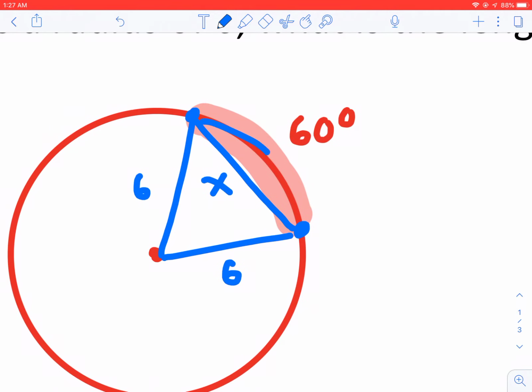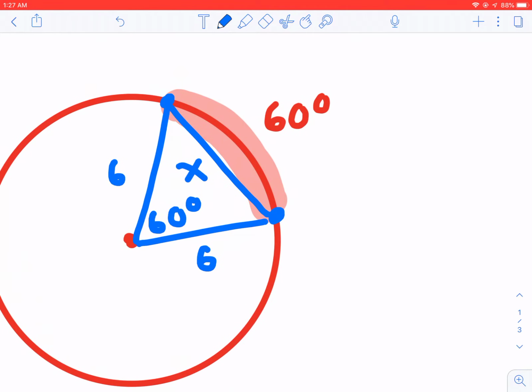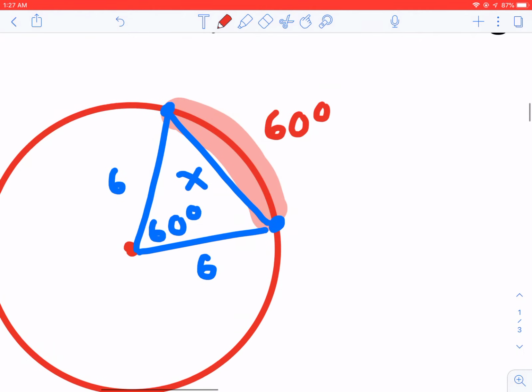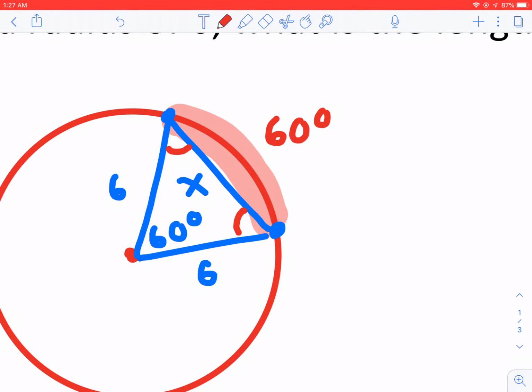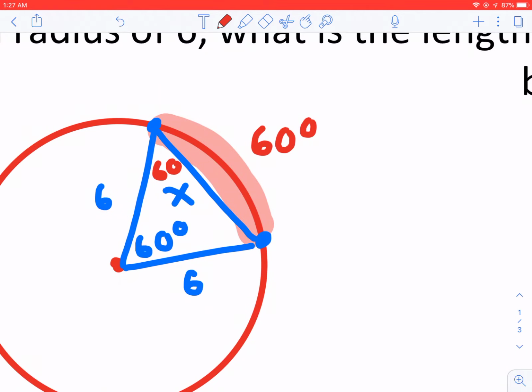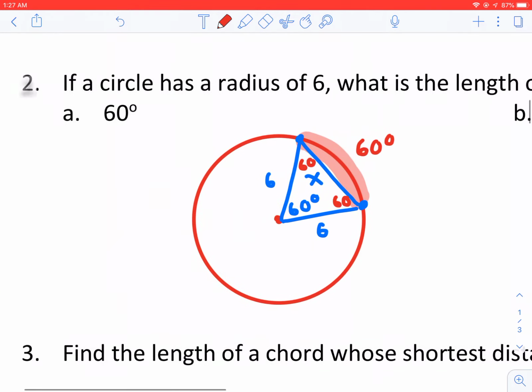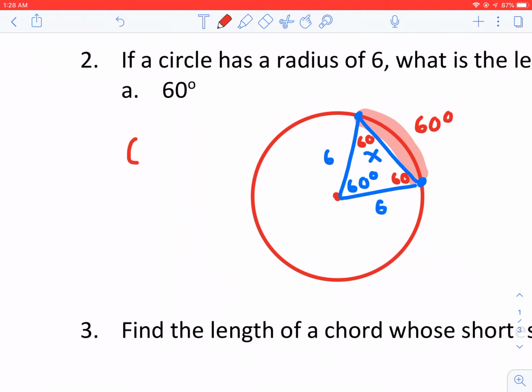And if this arc is 60 degrees, then that means my central angle that intercepts that arc is also 60 degrees. I can see this is an isosceles triangle, right, because I have two congruent legs, which means these base angles also must be congruent, and hopefully you can see that they're going to be 60 and 60. So this isosceles triangle is in fact equilateral, which makes our missing side length 6.